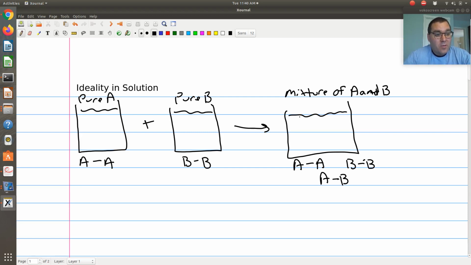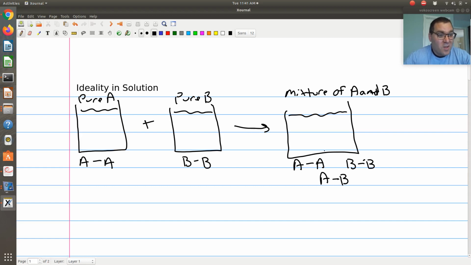So in an ideal solution, our A molecules and B molecules will be just as comfortable as they are in their pure component systems. In order for A and B to be just as comfortable in our mixture as they are in those pure component solutions, we'll assume that A interacts with B exactly the same as A interacts with A and B interacts with B. So we'll assume that all of our intermolecular interactions are exactly the same.